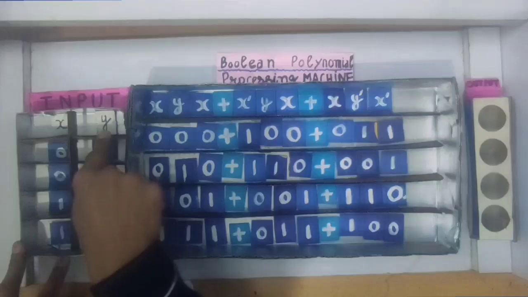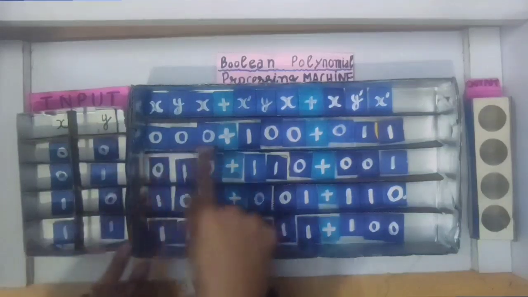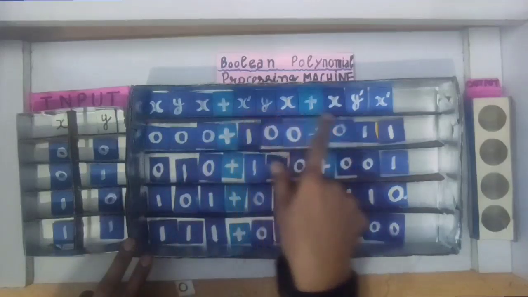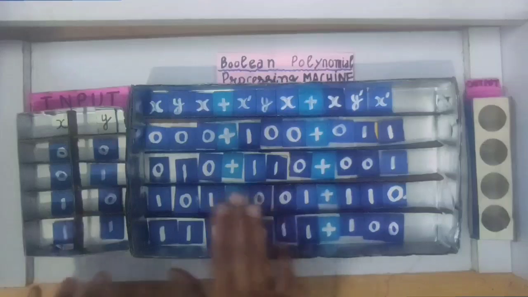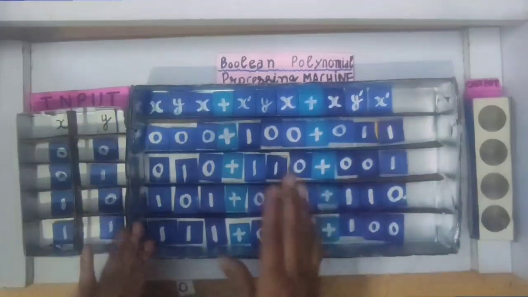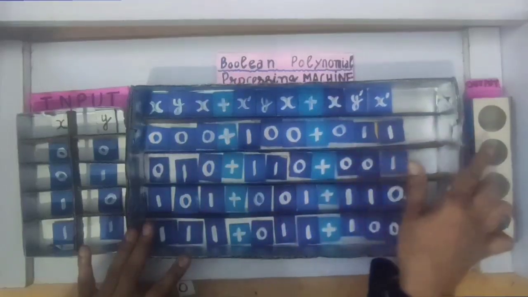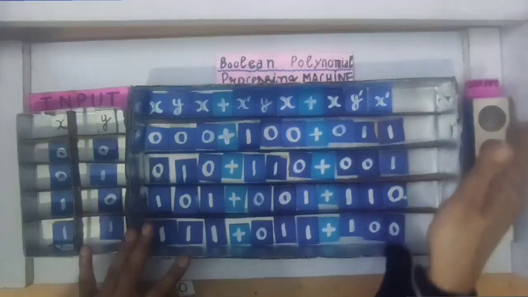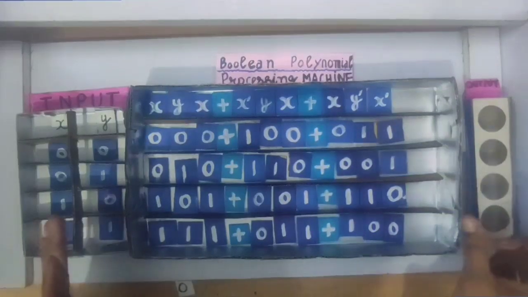Similarly, y can take values from the Boolean algebra B consisting of two elements 0 and 1, and correspondingly we have written all the values of x, y, x dash, y dash, and substituted all the values over here. Now using the rules of Boolean algebra, we can find out the final answer, the value of this polynomial, and the output can be written in this particular sort of machine, which will be behaving like an output machine.